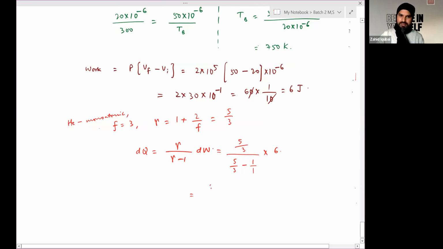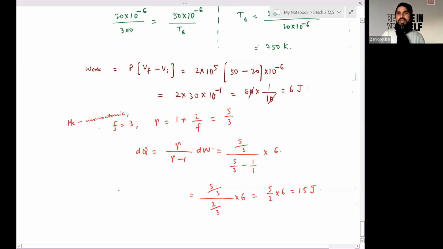So on simplifying, you will get 5 by 3 in the numerator, divide by 2 by 3 in denominator, multiplied by 6. So 3 and 3 will cancel out. So you're left with 5 by 2 multiplied by 6. So 5 into 6, 30, divided by 2, 15 joule.